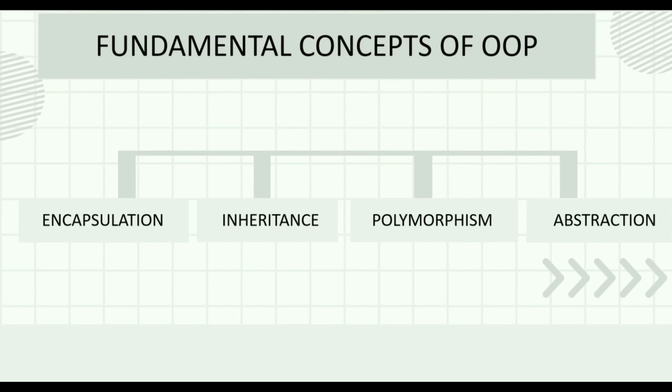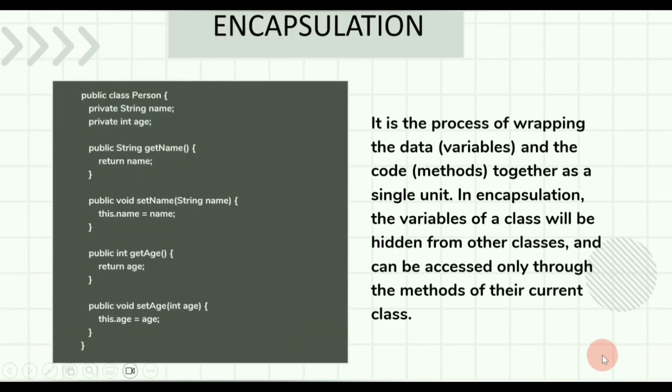So next up we'll see the fundamental concepts of OOP, which are encapsulation, inheritance, polymorphism, and abstraction. So encapsulation involves bundling the data and methods that operate on the data into a single unit called a class.